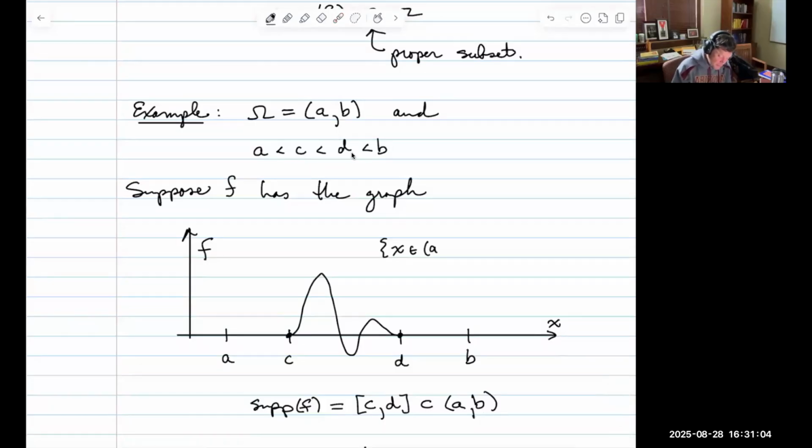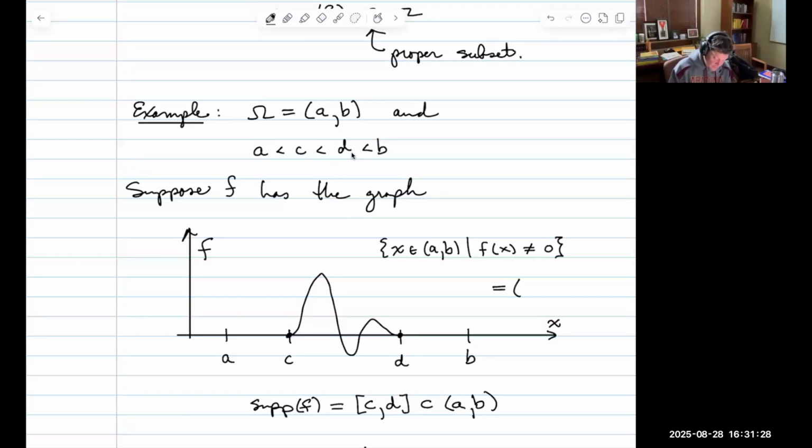That's going to be between a and b, strictly, such that f of x is not equal to 0. So we'll start with that set. That's not exactly the definition of the closure, but let's start with this set.